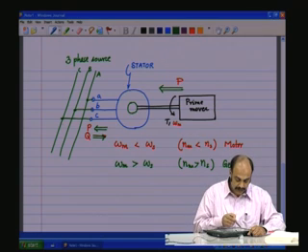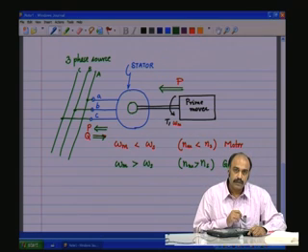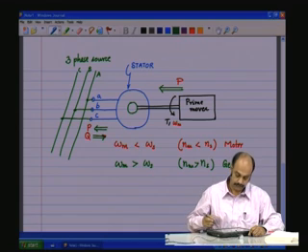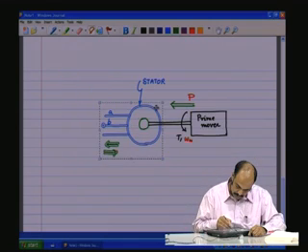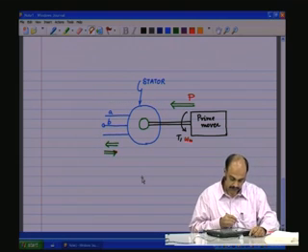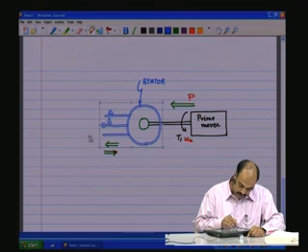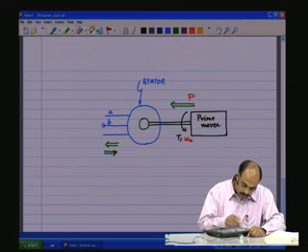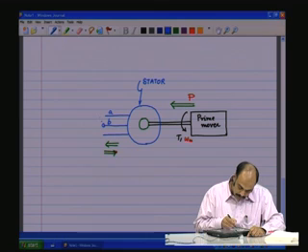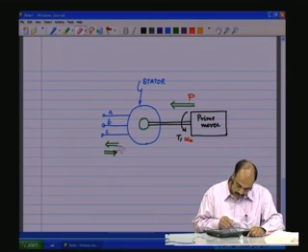Now instead of connecting it to a three-phase source, what happens if we connect this to a three-phase load? We will erase these things. Okay.